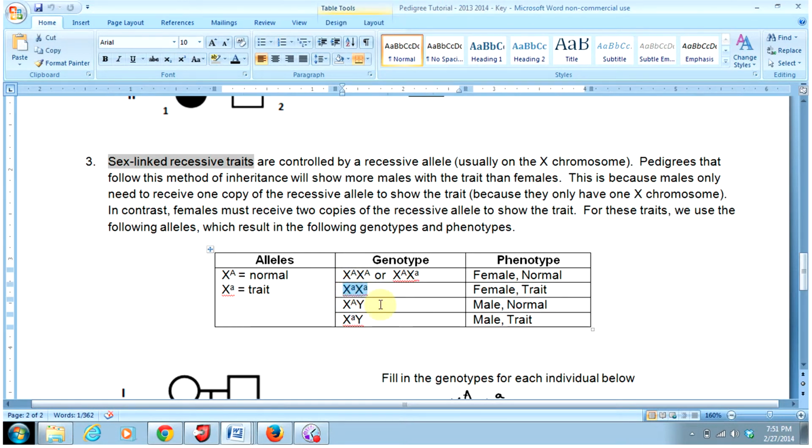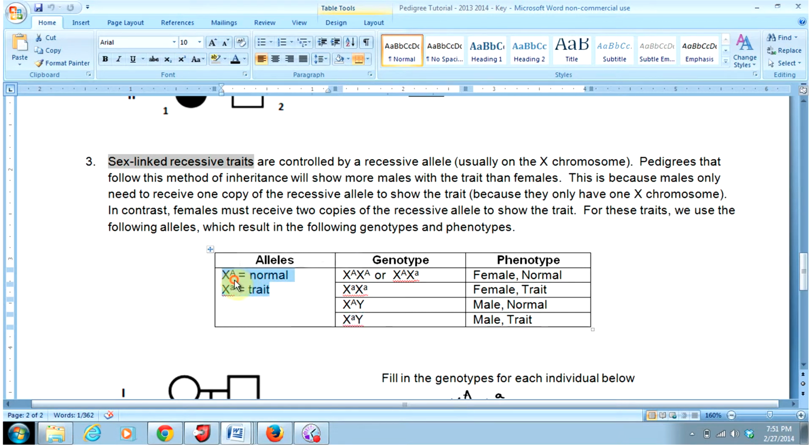So this female genotype within our chart, X little a X little a, is the only female genotype that will give the female the trait. Males, as you can see, this male here has the genotype X little a Y. He only needs to receive 1 copy to show the trait. In this case, we use X's with superscripts because it's a trait found on the X chromosome.